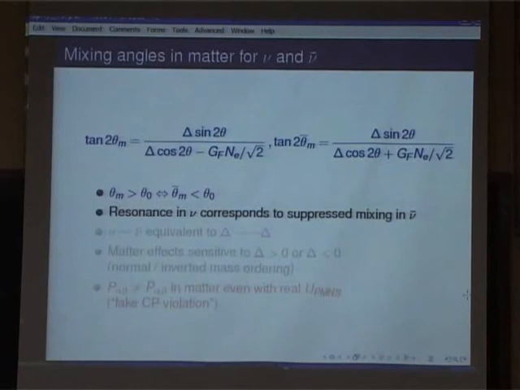Another thing is the following. I have this delta here, but I haven't told you what is the sign of delta. If I change sign of delta to minus delta, then tan theta will become this, and theta m bar becomes this, and theta m becomes this.